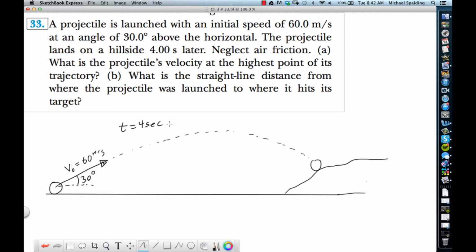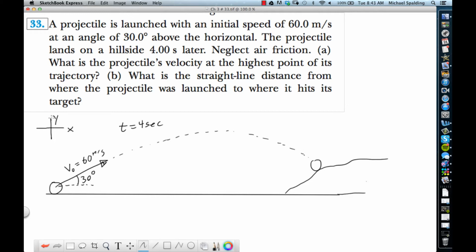Any two-dimensional motion problem, you've got to separate your information into x and y, right? Whenever you're using one of the motion equations, you're going to be taking x information only and using that in a kinematic, or taking y information only and using that in a kinematic.